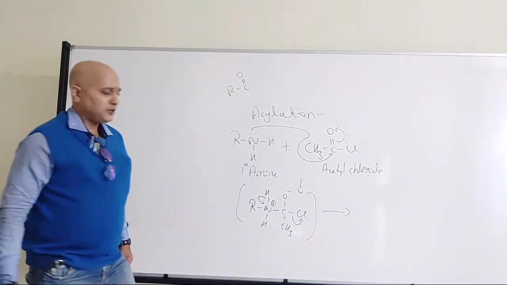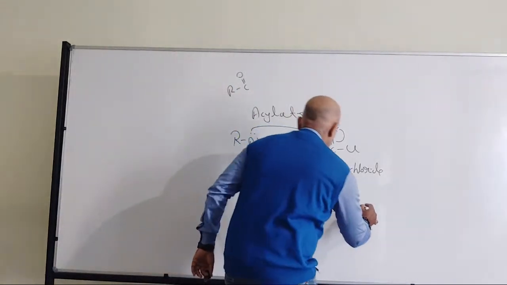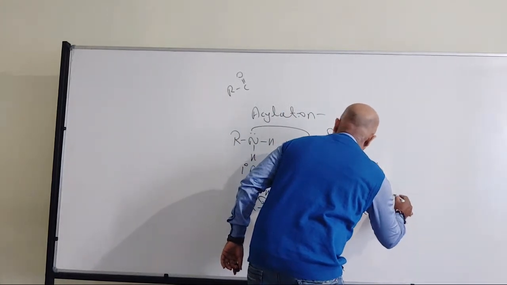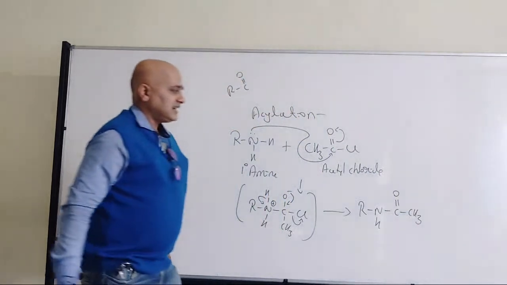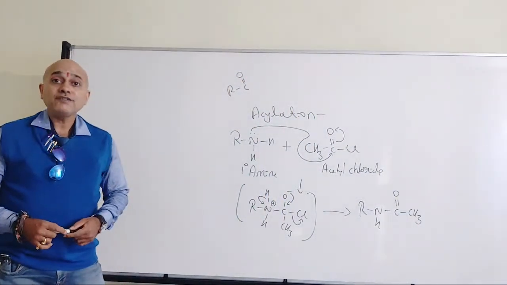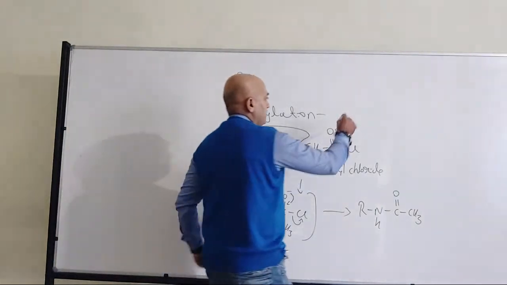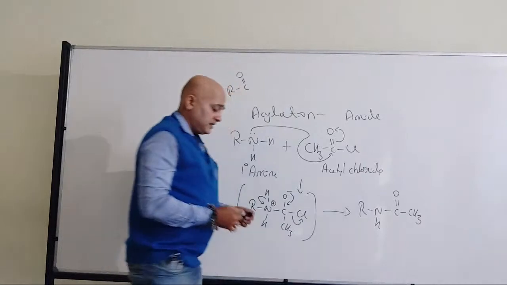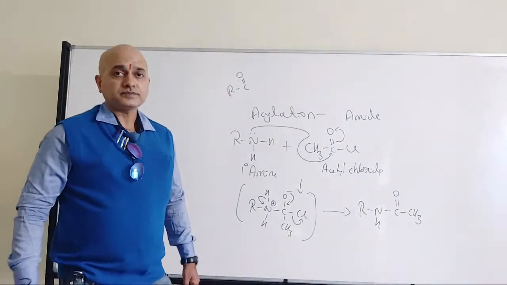Because chlorine is electronegative, right? So now there will be formation of R, H, C double bond O, CH3. So what is getting formed? There is a formation of amide. Acylation will lead to the formation of respective amide.